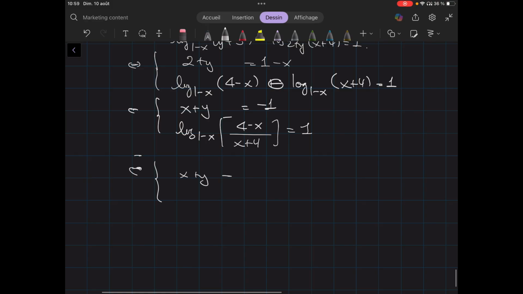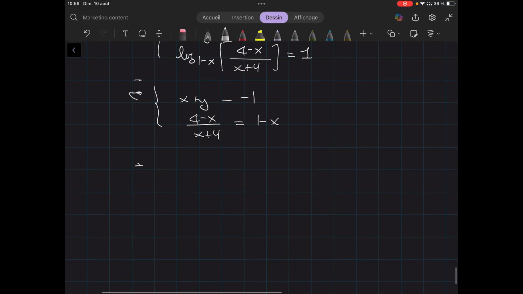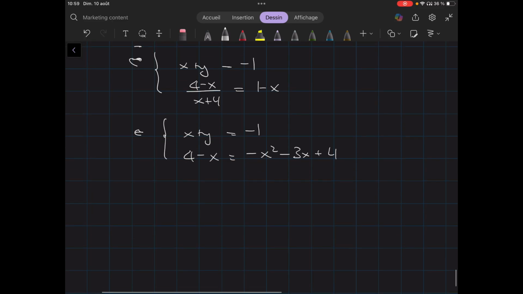X plus y is equal to negative 1. 4 minus x divided by x plus 4 is equal to 1 minus x. X plus y is equal to negative 1. 4 minus x is equal to negative x squared minus 3x plus 4. And now we have a quadratic in the second equation.